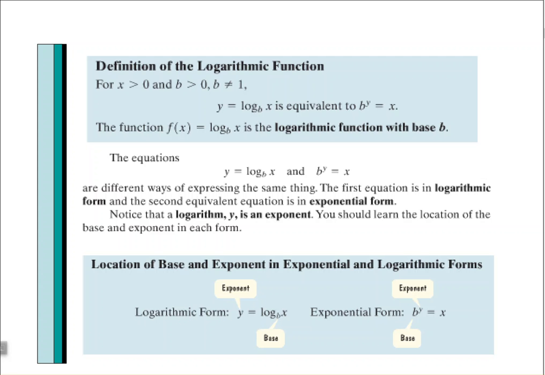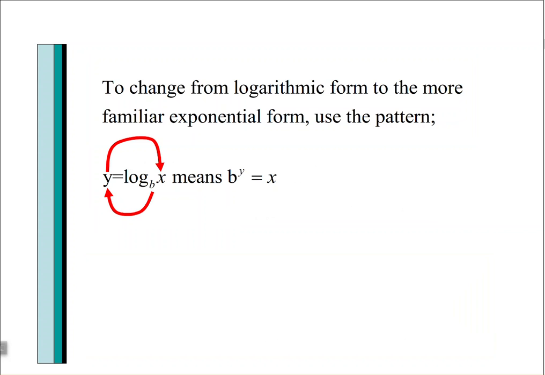So we're going to look at logarithmic functions and writing these back and forth from logarithmic to exponential and exponential to logarithmic functions, the equivalent forms. To change from logarithmic form to the more familiar exponential form, we use the pattern as shown.